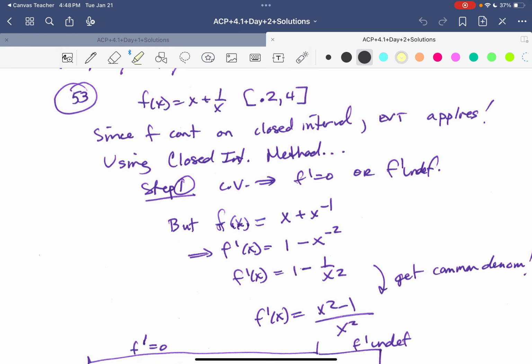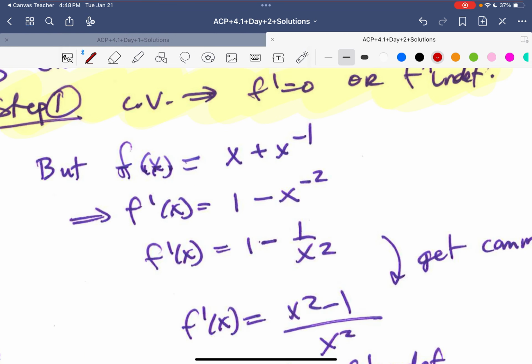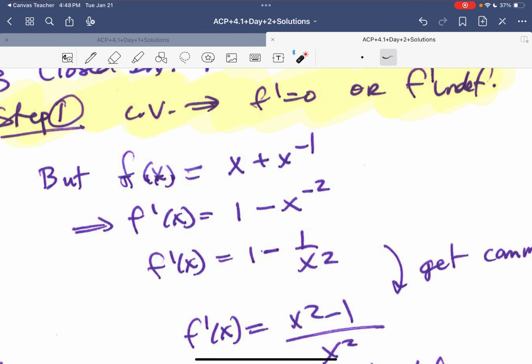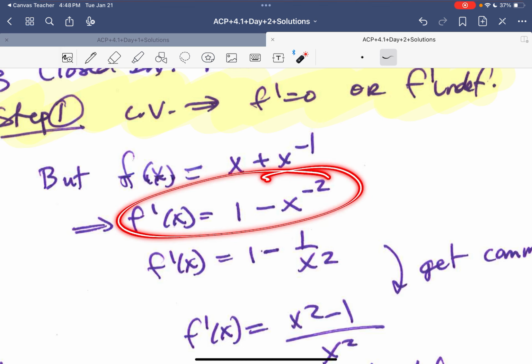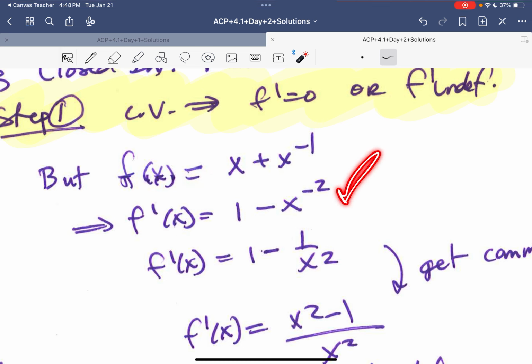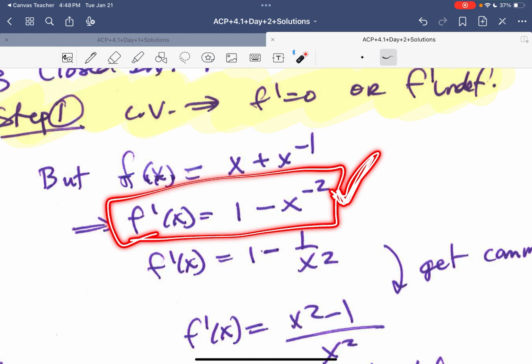So using the closed interval method, step 1 is find the critical values, which is where the derivative is undefined or equal to 0. So I take my derivative. So if this is my function, its derivative is this, right? And so if I just look at this and then ask where is it equal to 0, it's not easy, right? So same thing for undefined.